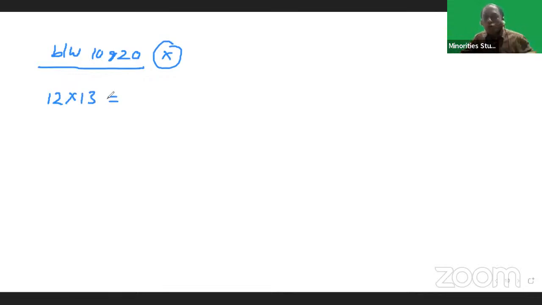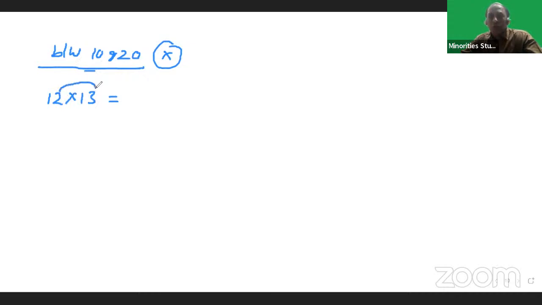How to multiply these two numbers? Tell me the answer. What is 12 into 13? If two numbers are between 10 and 20, multiplication is very simple. Within 3 to 4 seconds, you can multiply.